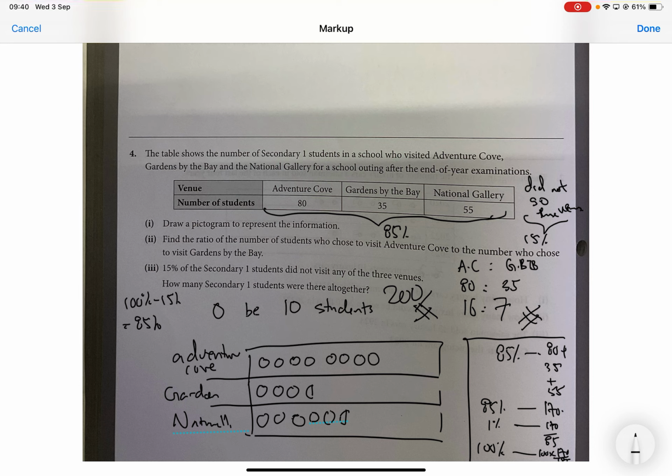Okay, back to your ratio. 85% is made up of here, 170. Then I go and find back. If 85% is 170, 1% is how much? 100% is how much? Then I multiply, then I get 200.